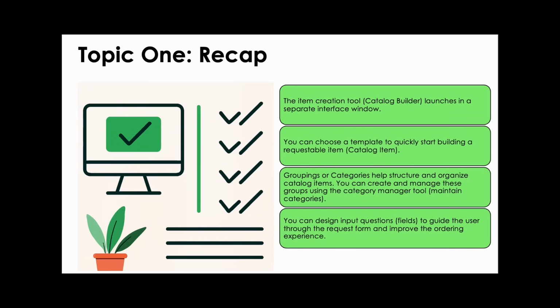Well, the key takeaways for this one: we have showcased how to build a catalog item using the catalog builder, creating an item, right? And you will be able to witness the categories and how you categorize a particular catalog item. We also witnessed how the ordering process occurs in ServiceNow, right?